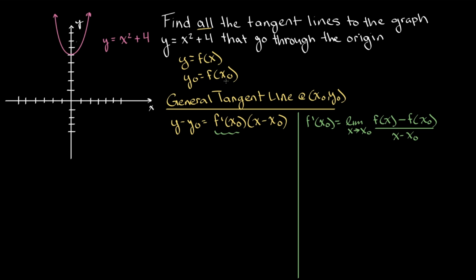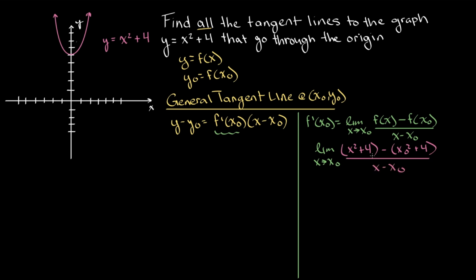We said that f of x was this graph over here, x squared plus 4. So we have the limit as x goes to x naught of x squared plus 4 minus f of x naught, which is x naught squared plus 4, all over x minus x naught.